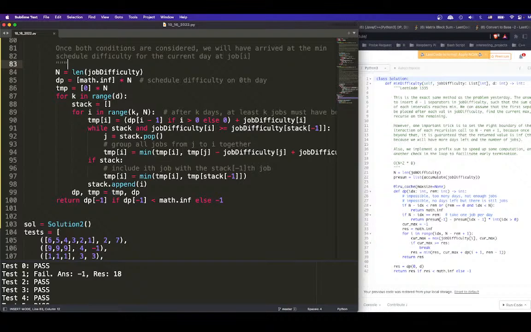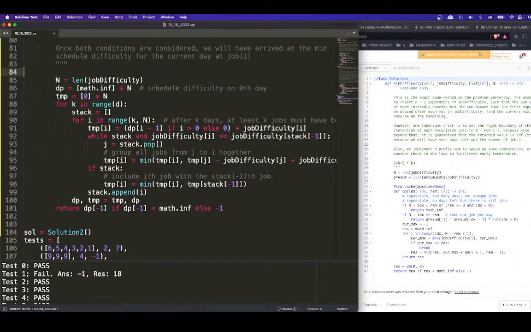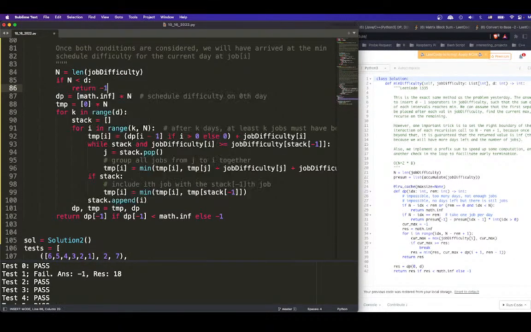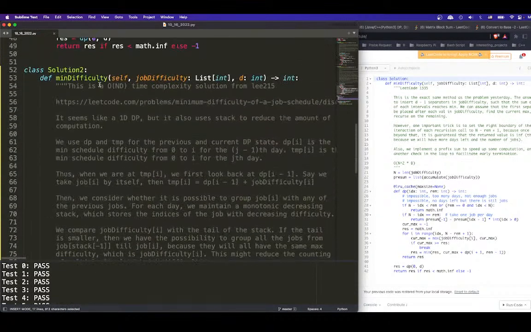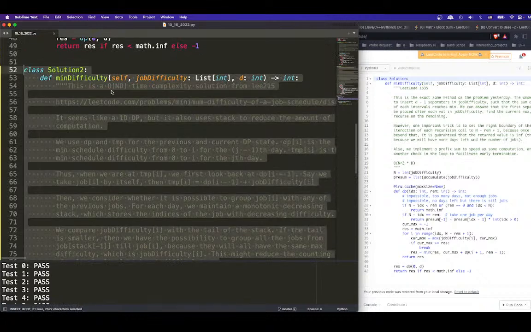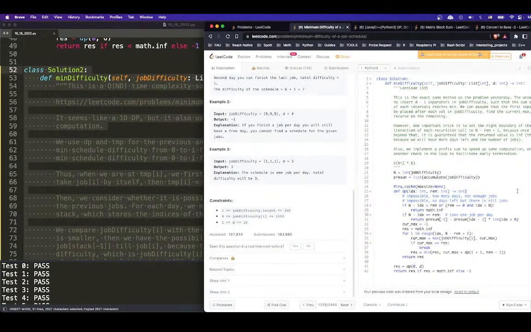Yeah, I should do it in the beginning. If n is smaller than d, return -1. Okay, well, we'll try it out.